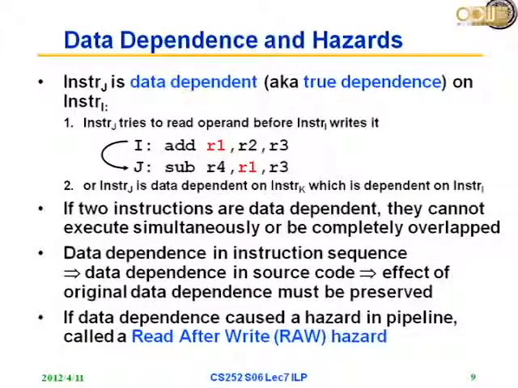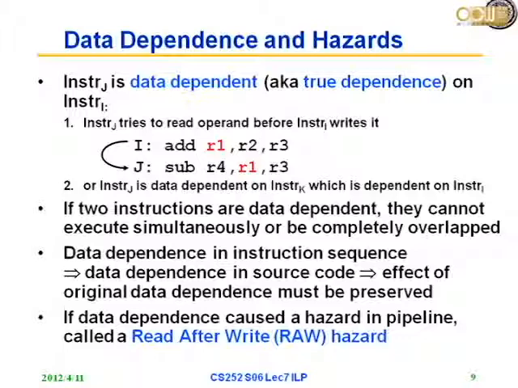Okay, data dependence and hazards. This is an easy example. These two instructions have data dependence. Here we deal with only true dependence, so these two instructions cannot be executed simultaneously.